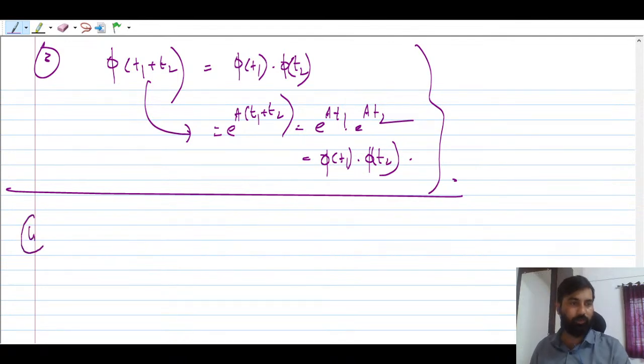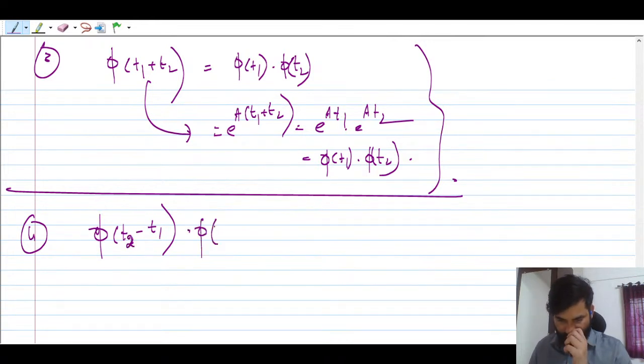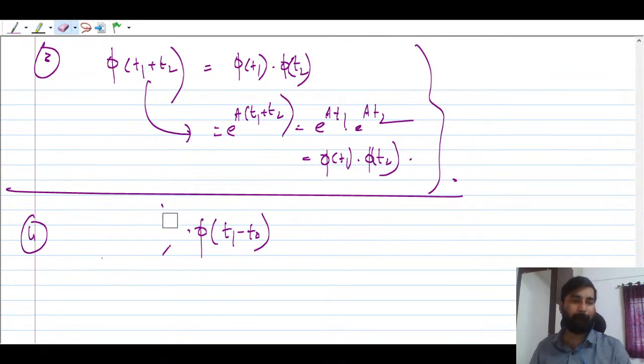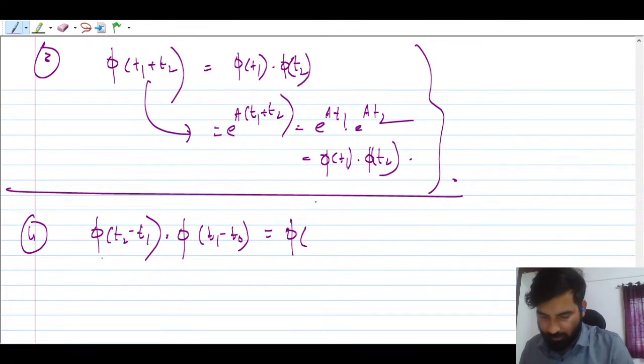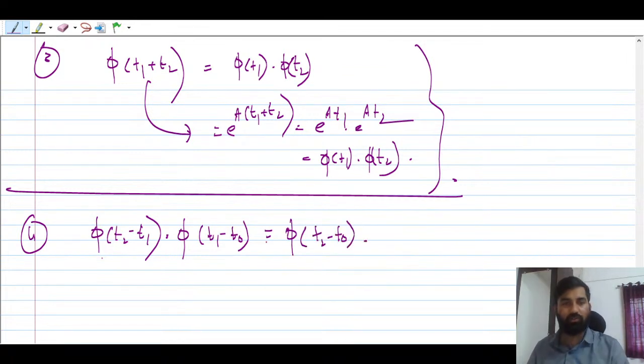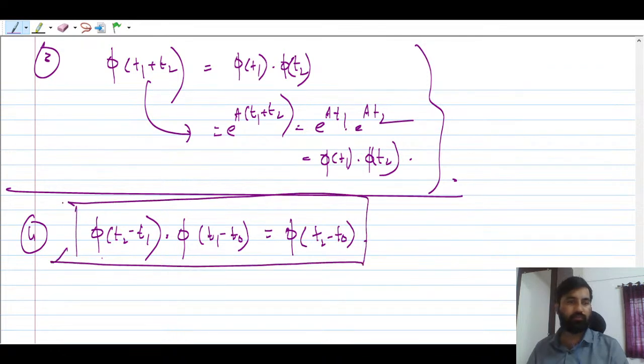And the fourth one is phi of (t2 minus t1) times phi of (t1 minus t0) is going to be equal to phi of (t2 minus t0).